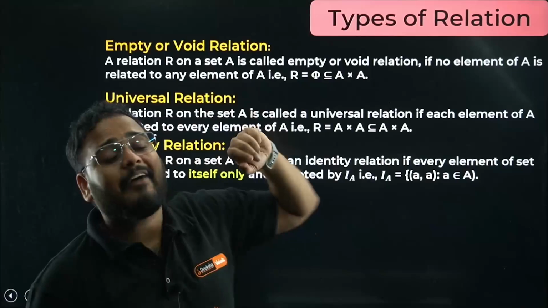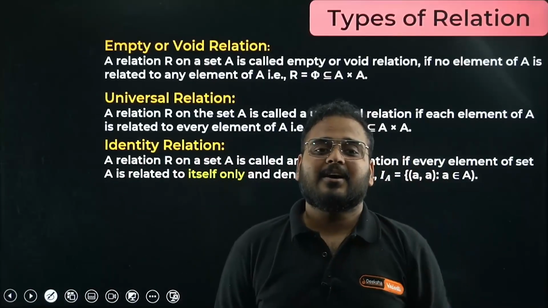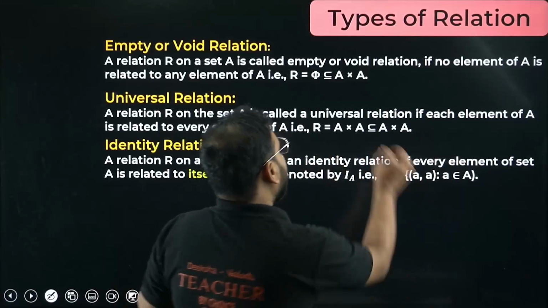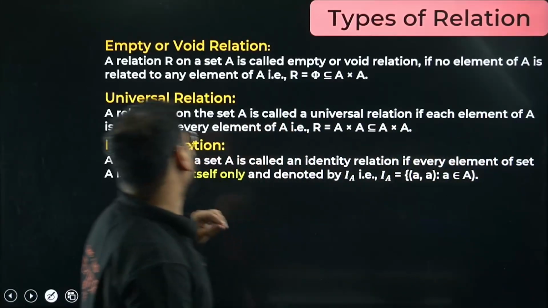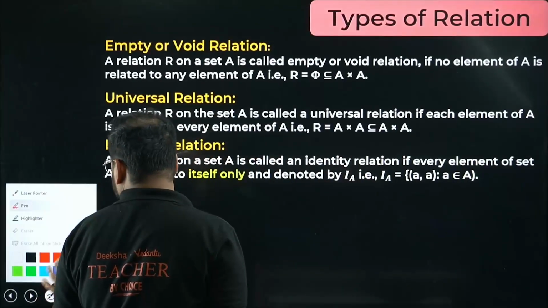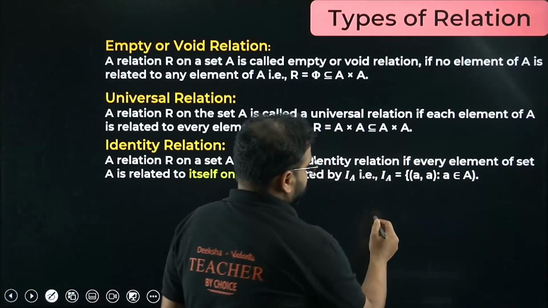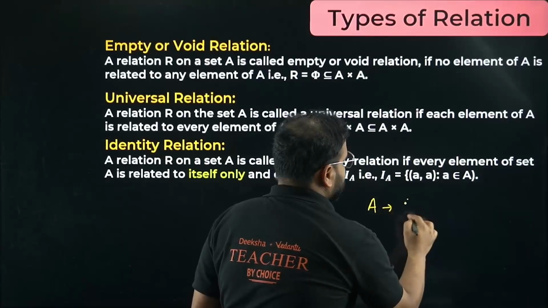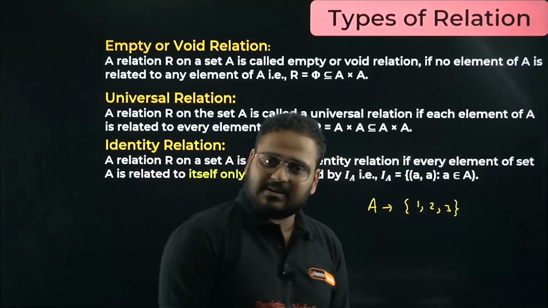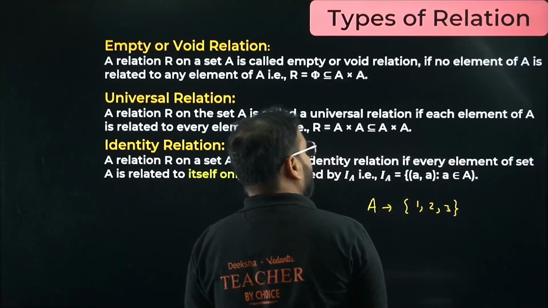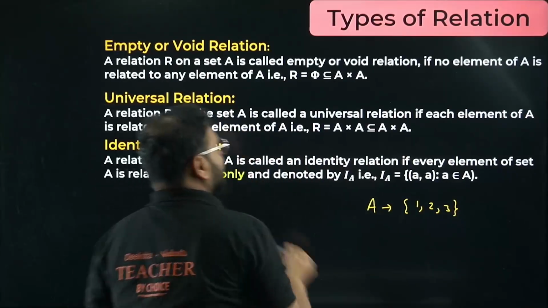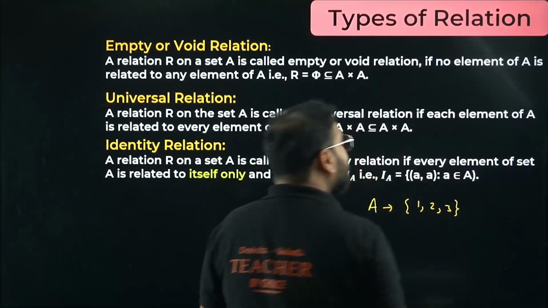Universal relation: whenever every single element in the set A is related to all the other elements of set A. Think about it. Each element of set A is related to every element of A. Let's say I have set A defined like this: 1, 2, 3. If somehow I define 1 related to 2, 2 to 3, it will become a universal relation: 1 related to 1, 1 with 2, 1 with 3.